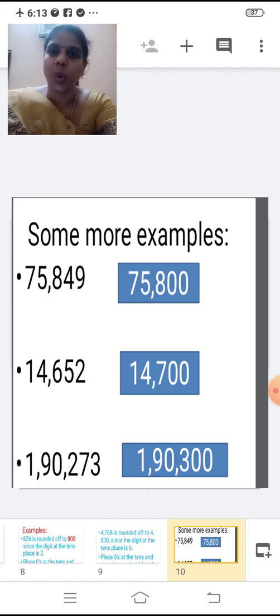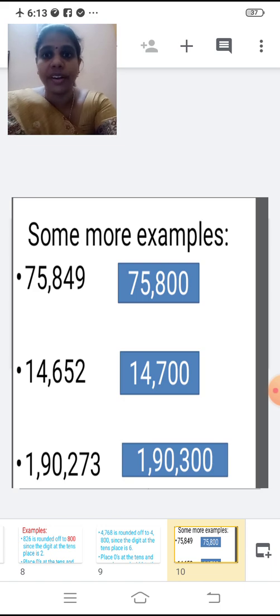Now tell me children, what digit are we having at the tens place? 5. Very good. If it is 5 or greater than 5, what do you have to do? Place zeros at the ones and the tens place. So 0, 0.